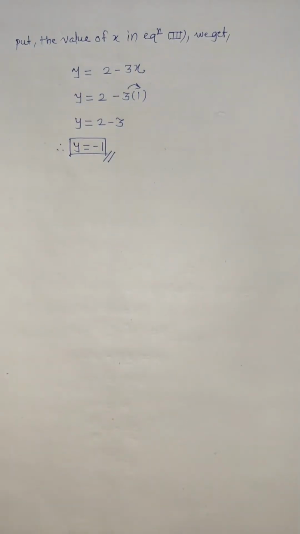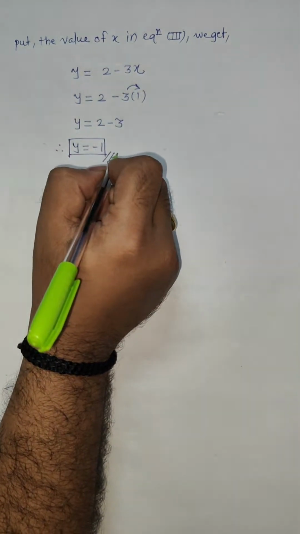Same way here also, the process is the same. This method is elimination by substitution, and the first method we already learned is called elimination by equating the coefficients. The current method that we learn right now is the elimination by substitution method. Here the value of y is minus 1.